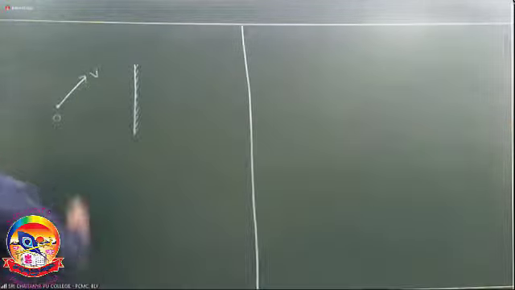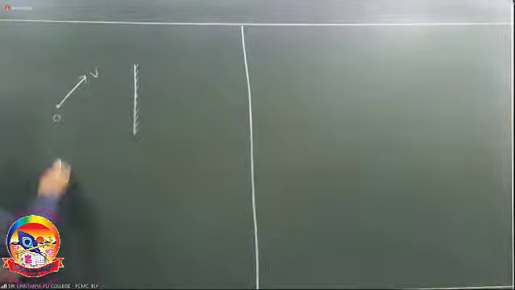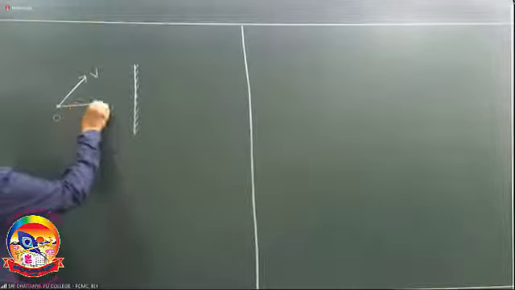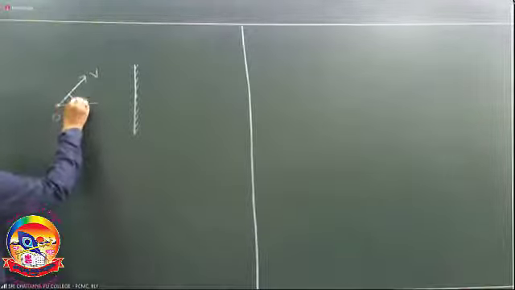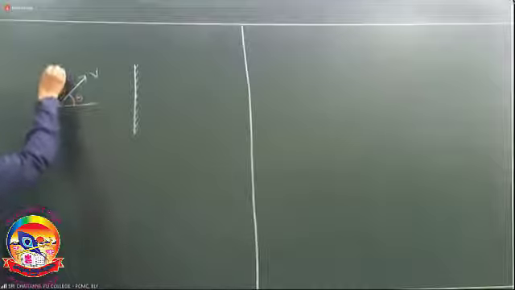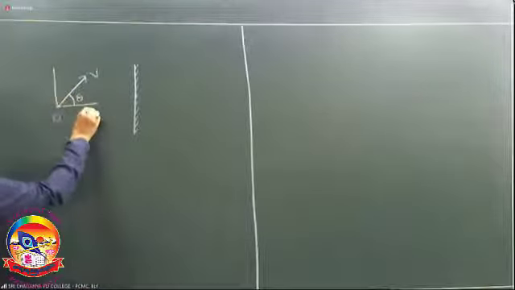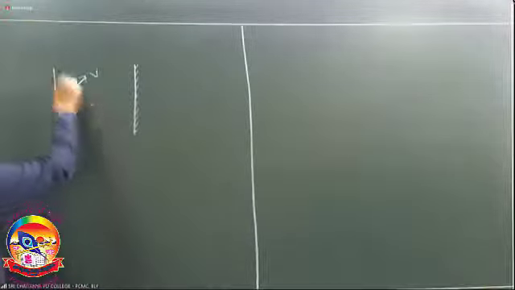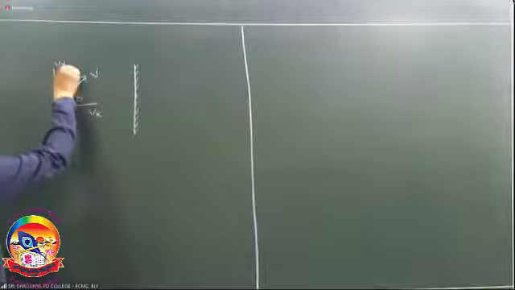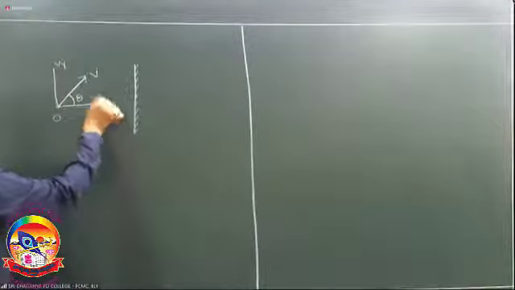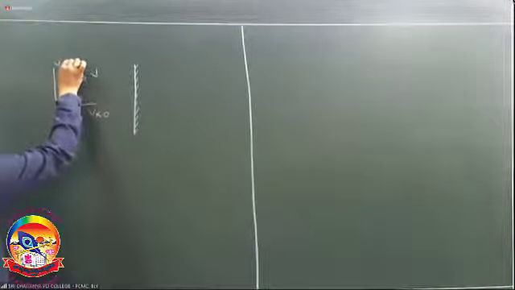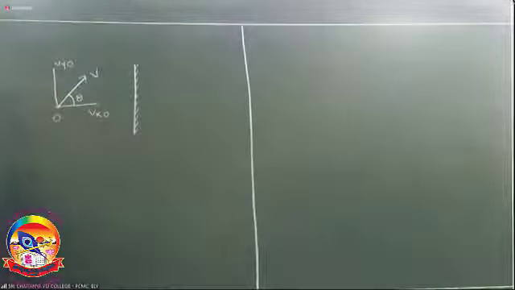This velocity is making an angle theta. Then resolve this velocity into two components, Vx and Vy: velocity of the object along the x-axis and velocity of the object along the y-axis.